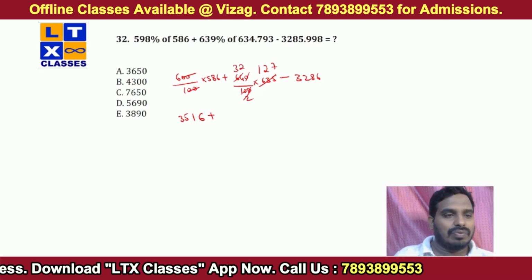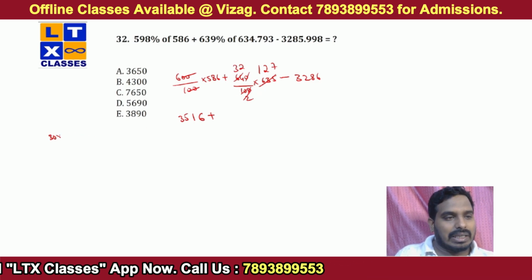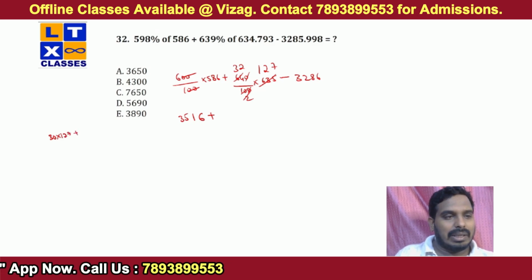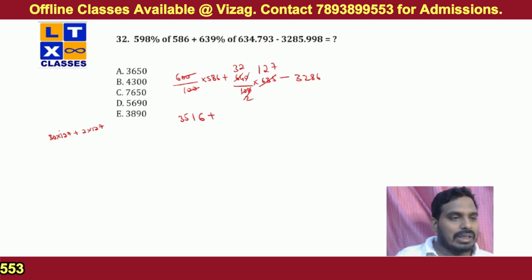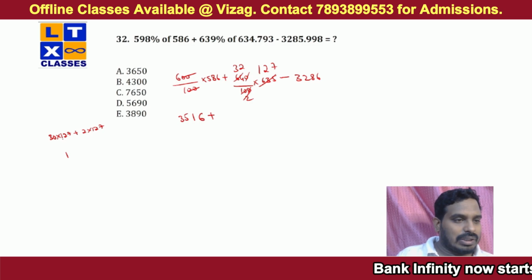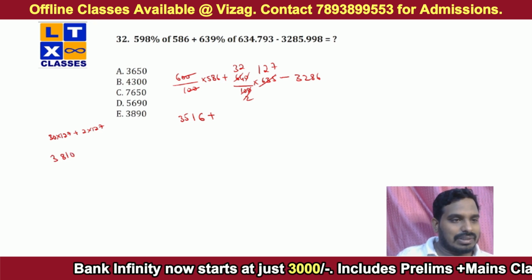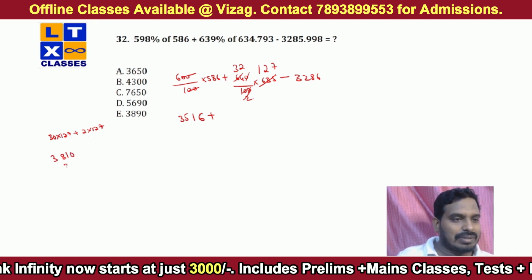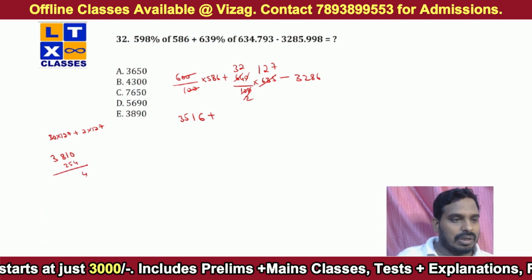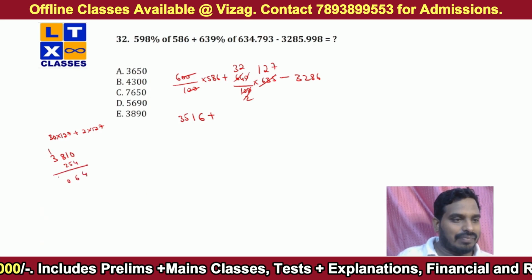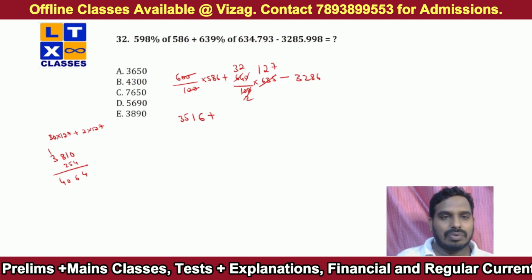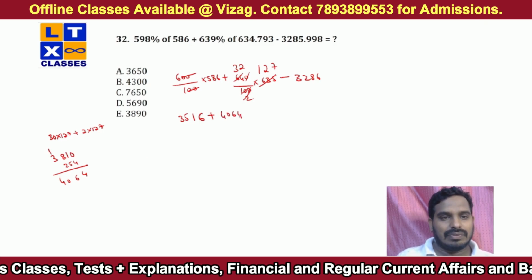Now 32 into 127, I can write it as 30 into 127 plus 2 into 127, right? Now 30 into 127 will be 3810, plus 2 into 127 will be 254. So this is 4064.